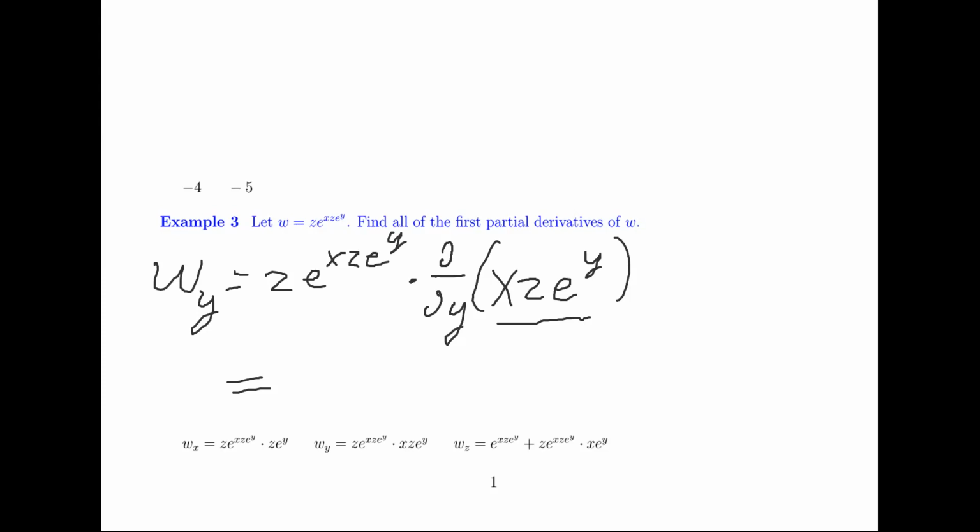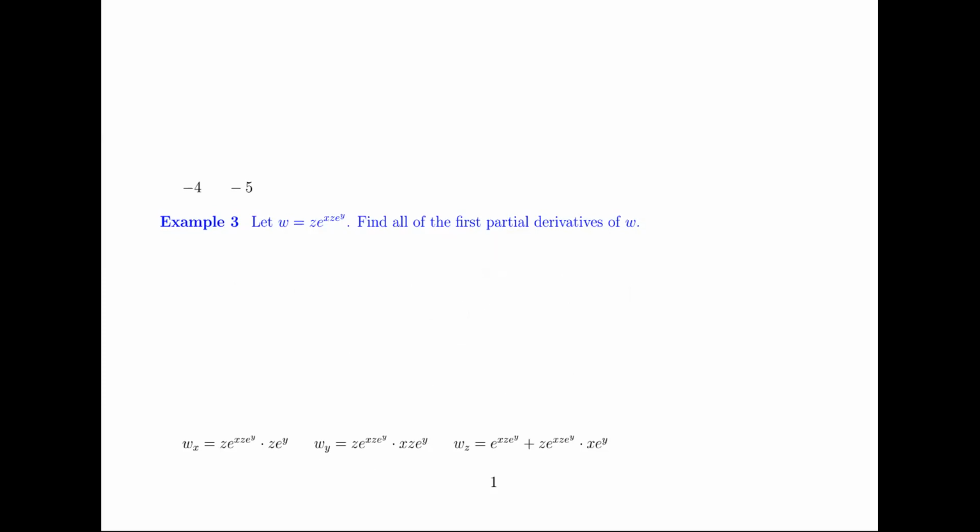So this all becomes z times e raised to the x z e to the y, times the partial of x z e to the y with respect to y, which is just itself. All right, and that is the partial of w with respect to y.